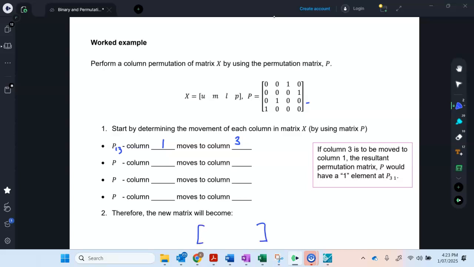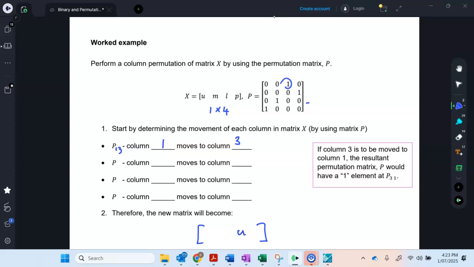So what I mean by the same, it's still going to be a 1 by 4. So this is a 1 by 4. So your product matrix will also be a 1 by 4. So this number here means that the number, or the letter in this case, in column 1 is now going to move to column 3. So that U is now going to be there.